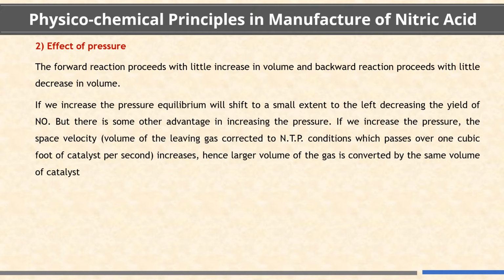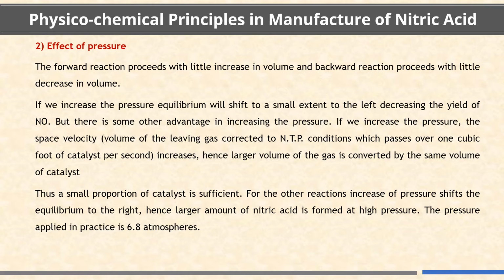If we increase the pressure, the space velocity, that is volume of leaving gas corrected to NTP conditions which passes over 1 cubic foot of catalyst per second, increases, and hence a larger volume of the gas is converted by the small volume of the catalyst.